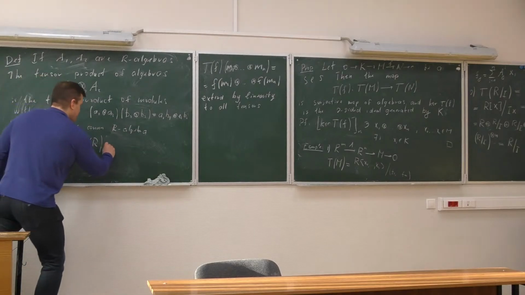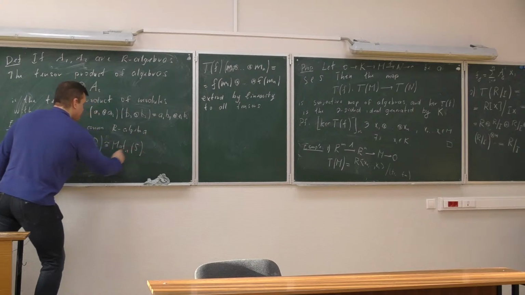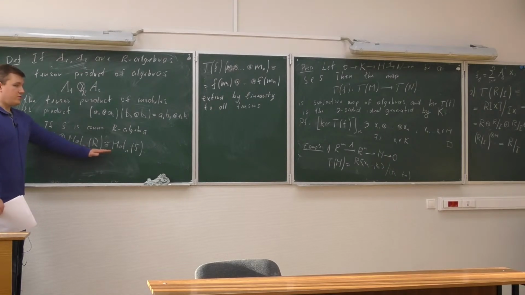Yeah. So as an algebra, this is isomorphic to the n by n matrices over S. Well, for modules, this is of course clear. This is just a free module of rank n squared. You take a tensor product with S, you get again a free module over S of the same rank. And for algebras, well, for example, you can choose standard generators, the elementary matrices, and check that if you take the tensor product, everything is preserved from the point of view of multiplication.